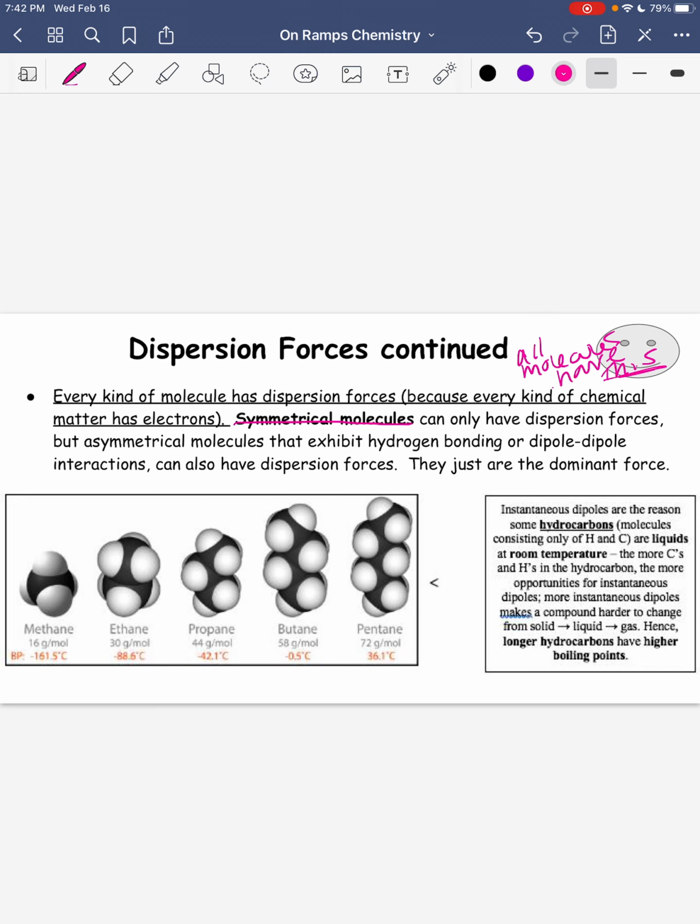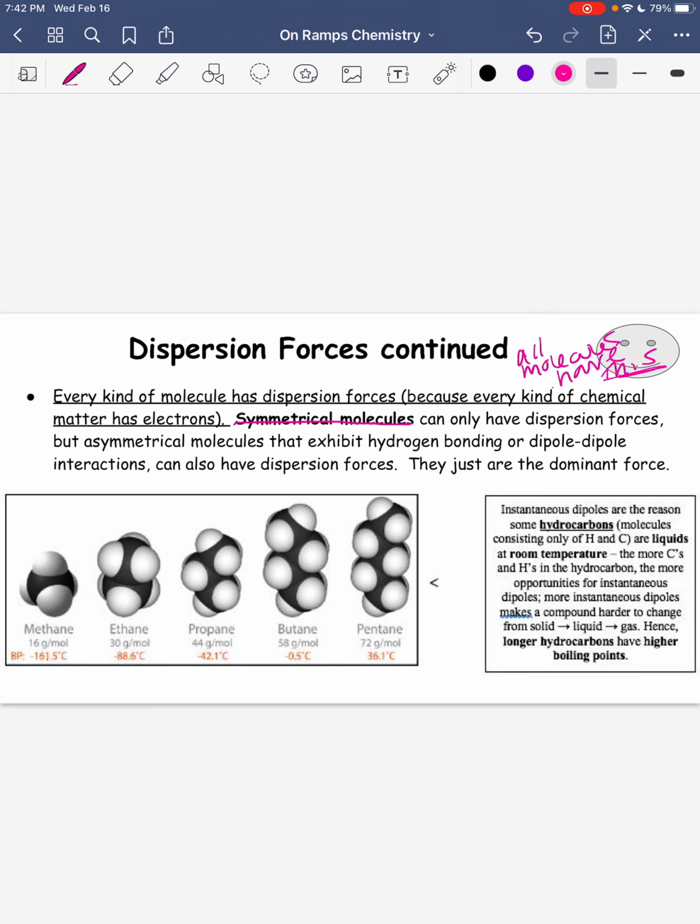Symmetrical molecules have dispersion forces, but asymmetrical molecules have these forces as well. So they are the dominant force that you'll see. Every molecule will have dispersion forces and could have more, but could also have just dispersion forces.